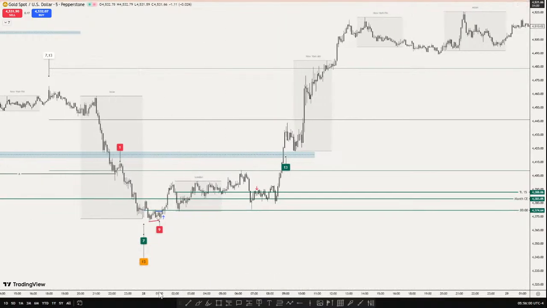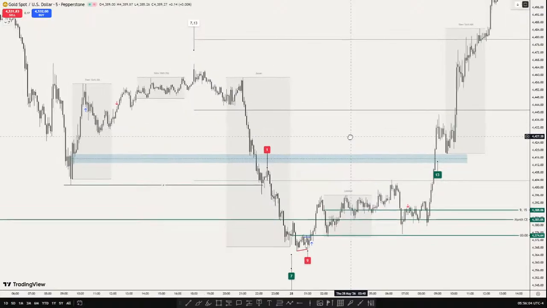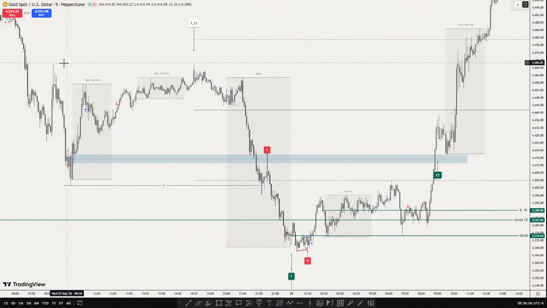I am a little sad about this because initially I did put my take profit on these double tops, because this SMT has finished its task of taking out the liquidity and moving into a discounted key level.